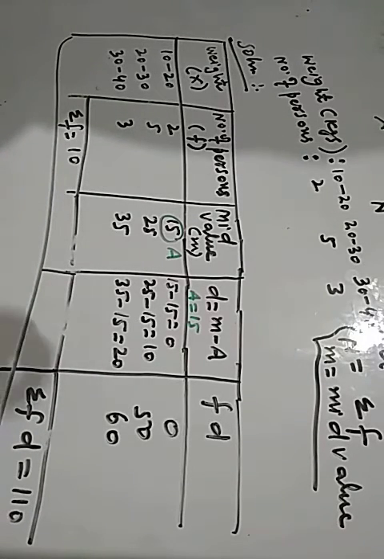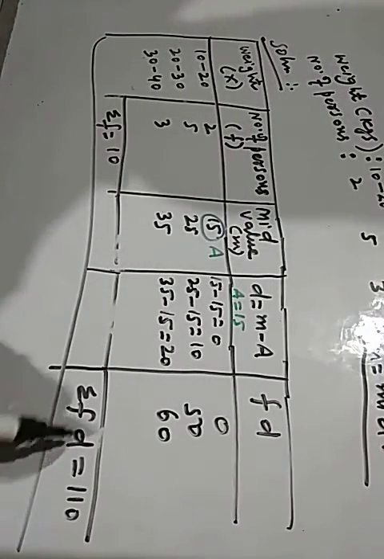Now using these values in the formula, we will obtain arithmetic mean. We will calculate arithmetic mean in case of continuous series using shortcut method. We are learning shortcut method.